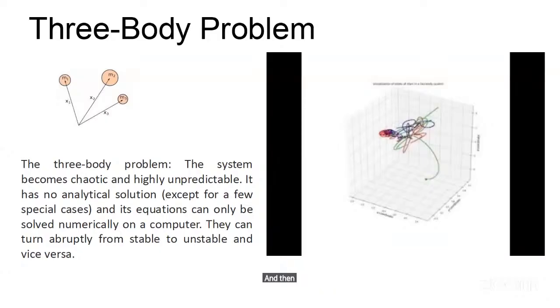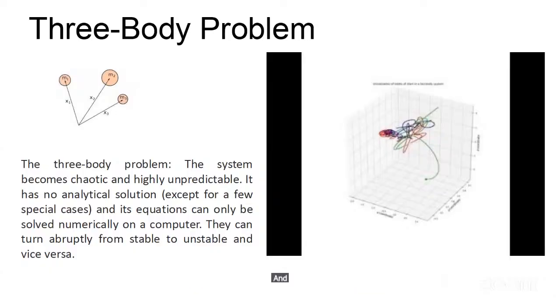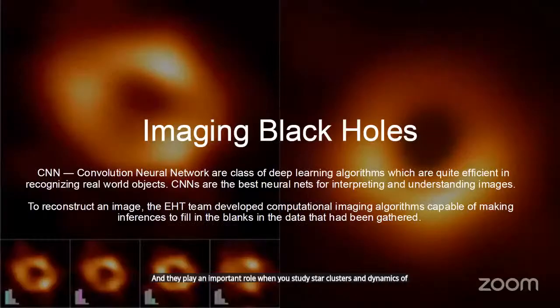Then using that, it can predict the motion of this three-body system for a new set of initial conditions, right? This has been a revolution, and the solutions of the three-body problem through machine learning are being taken very seriously, and they play an important role when you study star clusters and the dynamics of star clusters.